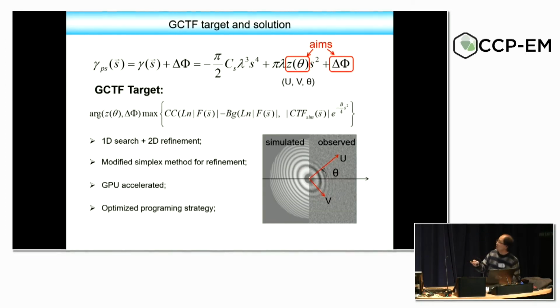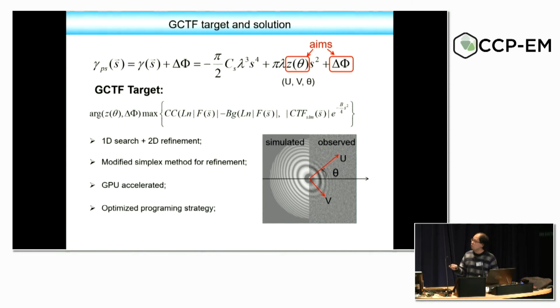So that's the target in GCTF. You get rid of the background and maximize the cross correlation between the simulated CTF and the observed power spectrum, maximizing this function and getting the best estimation of these unknown parameters.